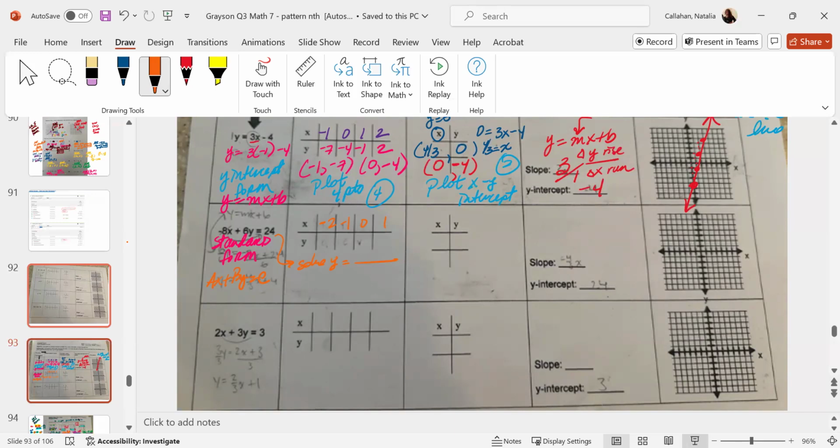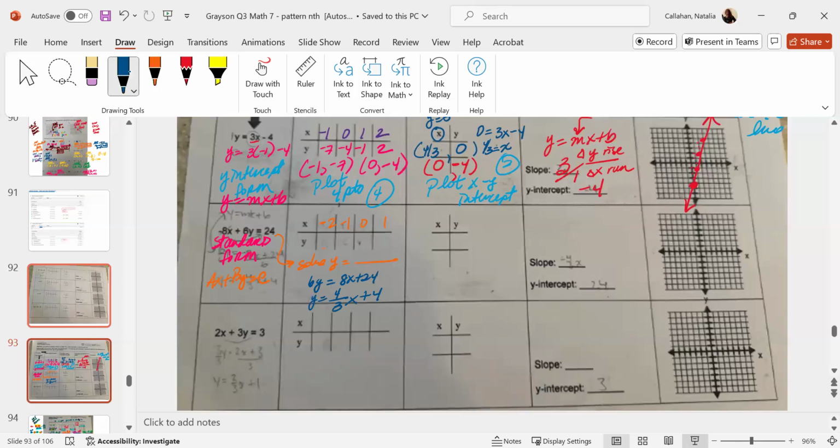Because if you want to get the value for y here, you need to have it y equals. So when you solve for y, add the 8x, so 6y equals positive 8x plus 24, divided by 6 on both sides. Y equals 8 divided by 6 is reduced to 4 over 3x. 24 divided by 6 is 4.